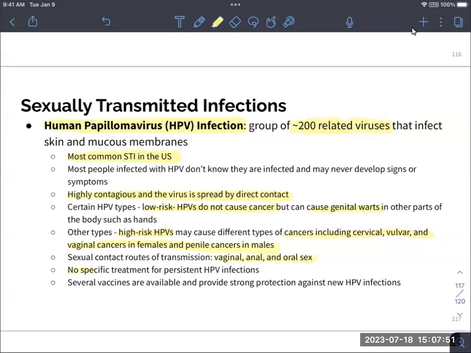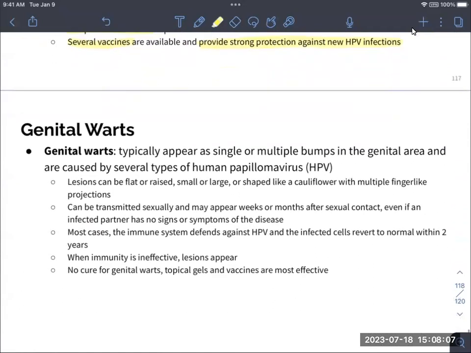There is no specific treatment. There are several vaccines out for the HPV virus, and they can provide pretty strong protection against any new HPV infections.